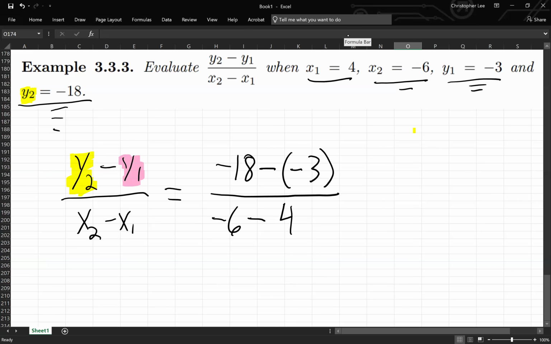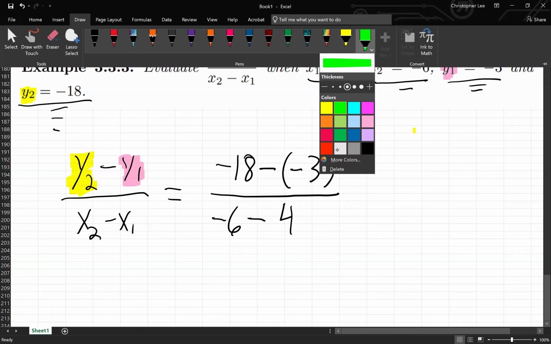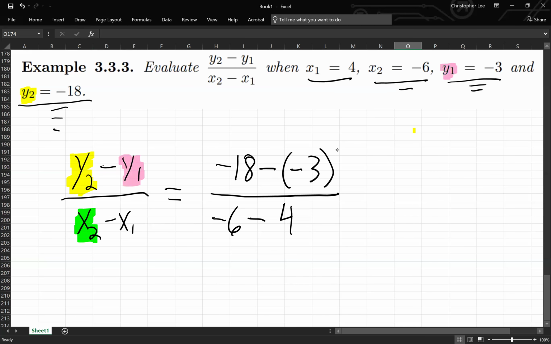Instead, I'm going to write the number that's associated with Y1, which is -3. And so on and so forth. For X2, I'm going to write the number that's associated with X2, which is -6.